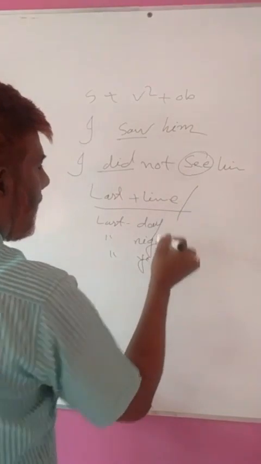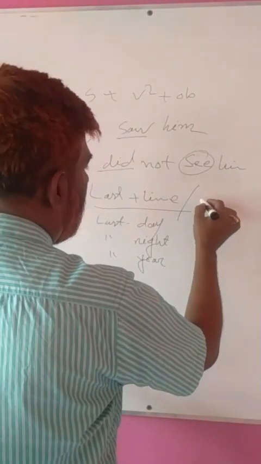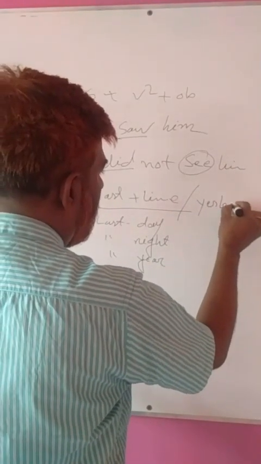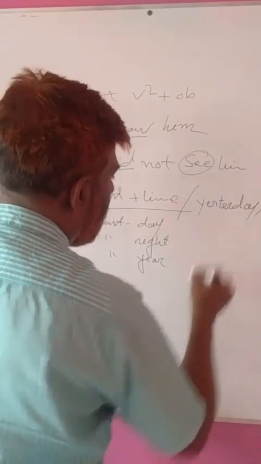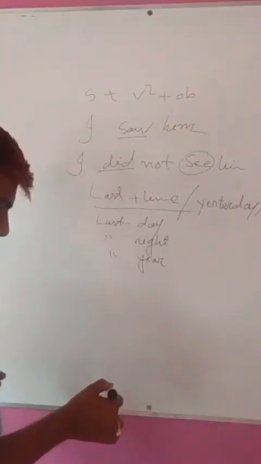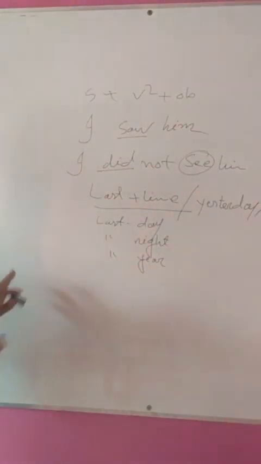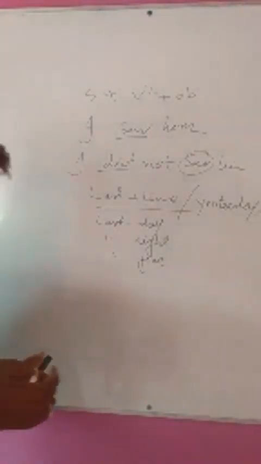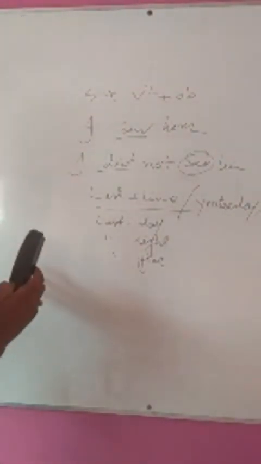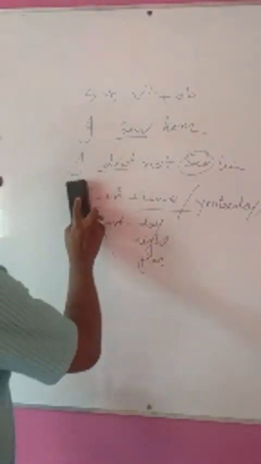And another, yesterday, ago, long ago, long since, etc. There are many adverbs of past indefinite tense. Those always tell us that it is past indefinite. When we get any one of them, then we have to make the structure of past indefinite.